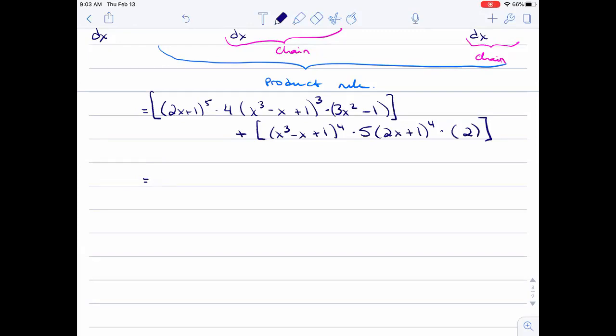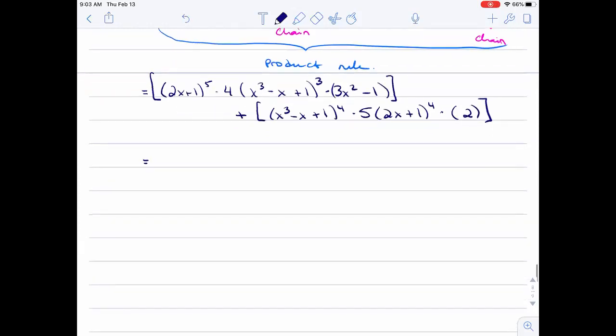So I've got a common factor there, but I've also got a common factor in 2x plus 1 to the power of 4 or to the power of 5. So I can pull out 2x plus 1 to the power of 4, but also in the x to the 3 minus x plus 1, I've got a common factor to the power of 3. And if you don't see it, I would just leave it, it's okay.